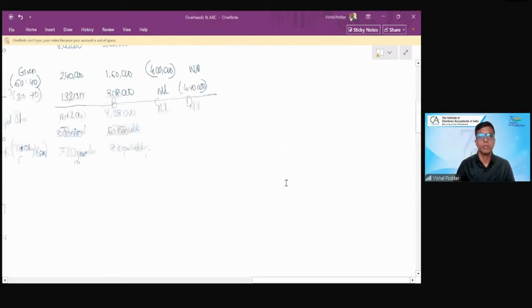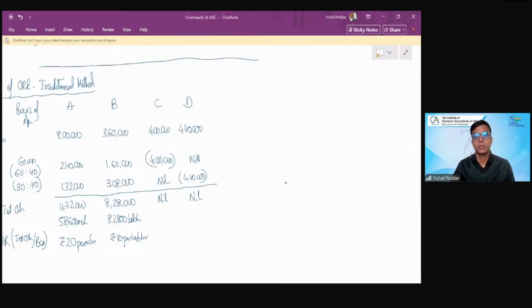Now I do the same thing by the ABC method. So calculation of cost driver rates. First column is activity. Second is the cost pool.